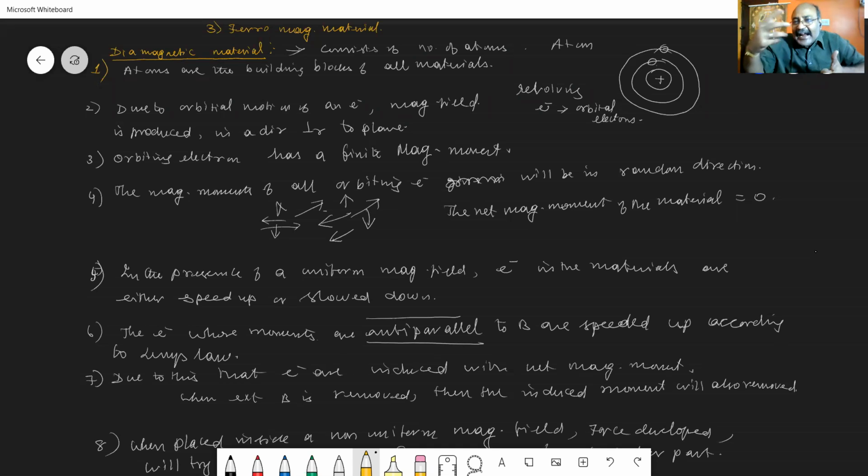Then some of the orbiting electrons are speeded up and some of the orbiting electrons are slowed down.